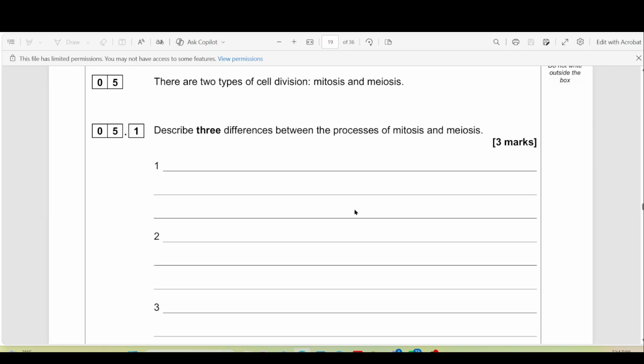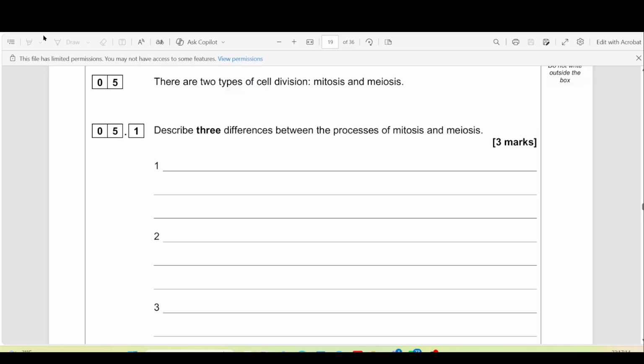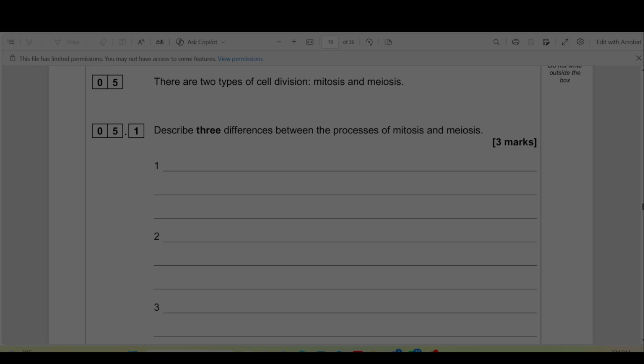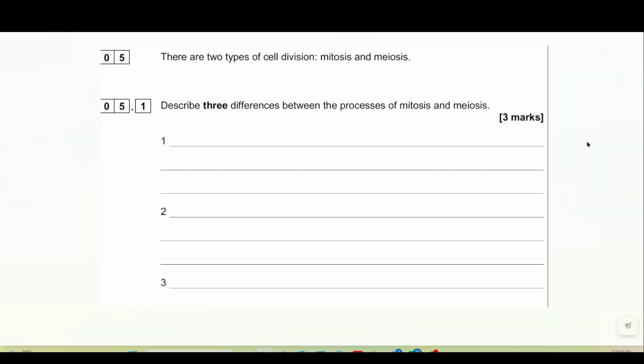There are two types of cell division: mitosis and meiosis. Meiosis produces four daughter cells, whereas mitosis produces two, right?